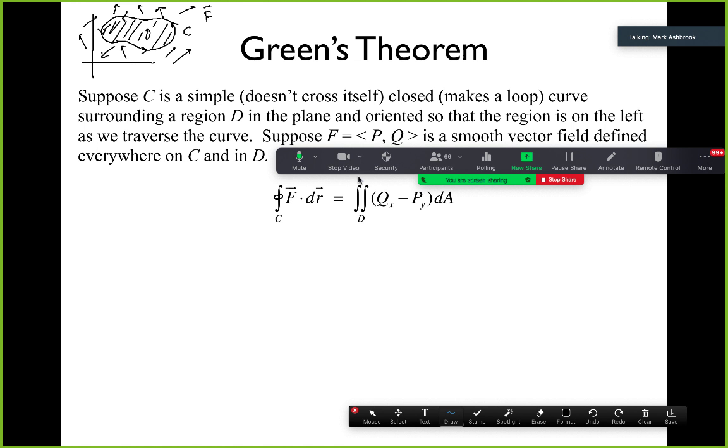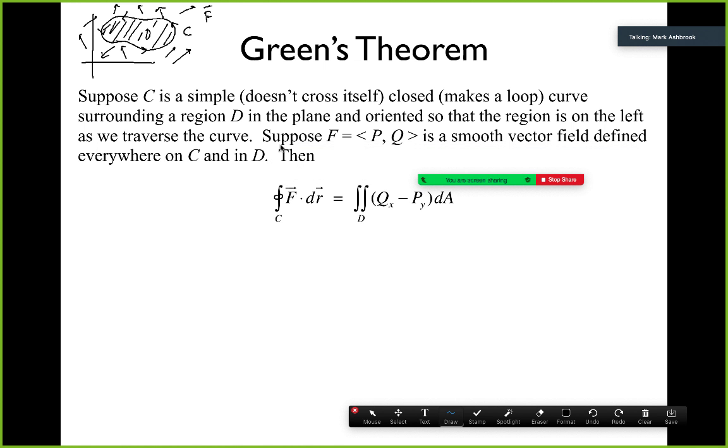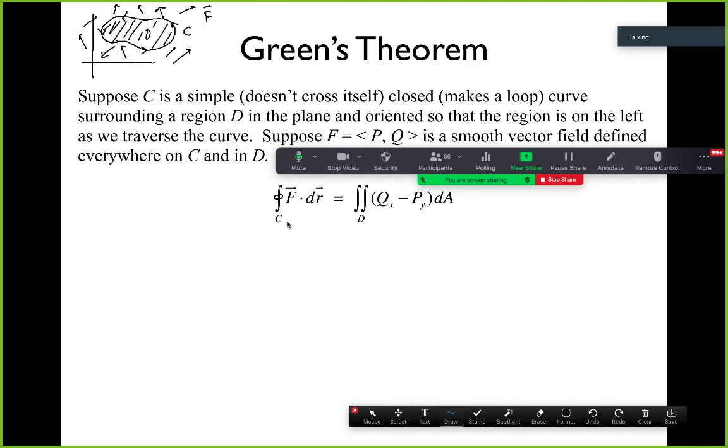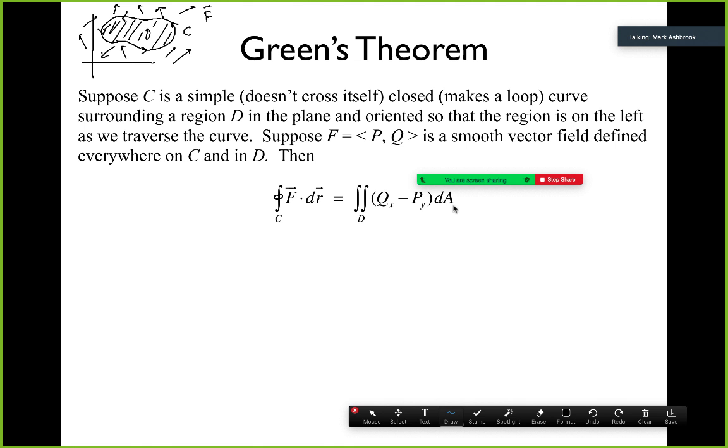Little by little we'll explore the meanings of what's happening here, but from a purely computational standpoint, one side of the Green's theorem formula is the circulation around the boundary, and the other side is the double integral over the region D of this function Q_x minus P_y dA. dA could be dx dy, or if it's polar, it could be r dr d theta. So it's our standard double integral.